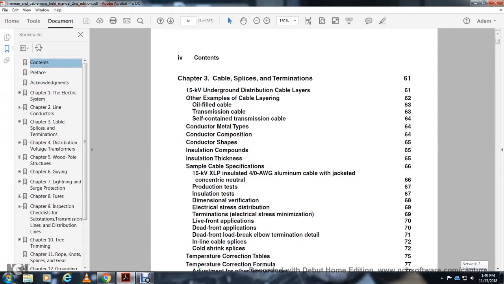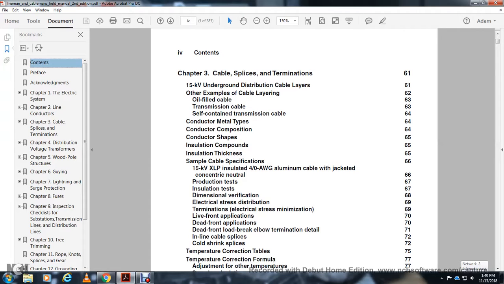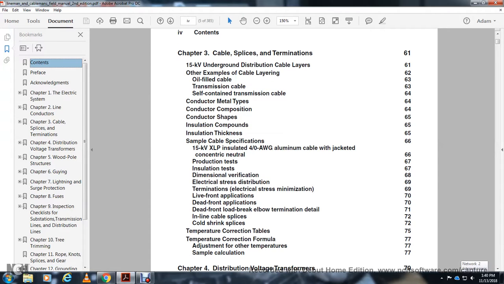Product test, insulation test, dimensional verification, electrical status, distribution termination, electrical stress minimization, live front application, dead front, load break elbow termination detail, inline cable splices, cold shrink splices, temperature correction, table of temperature correction, formula adjustment for other temperatures, sample calculations. Alright, let's move to Chapter 3.